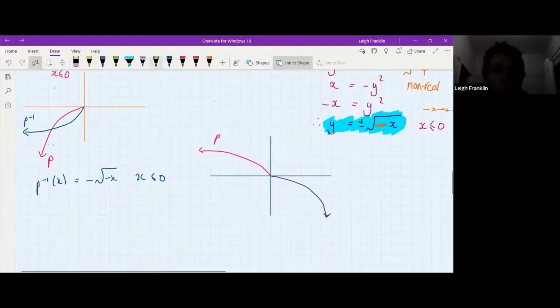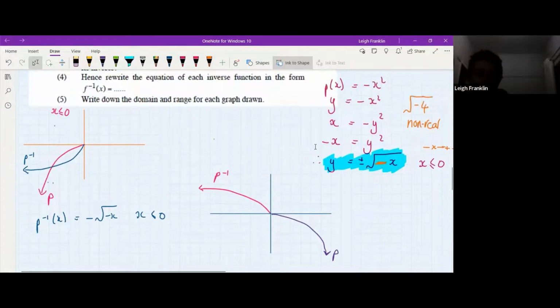Oh, sorry, I labeled it incorrectly. I beg your pardon. This is P, and that would be P to the -1. Now here you are restricting this to where x was greater than or equal to 0.